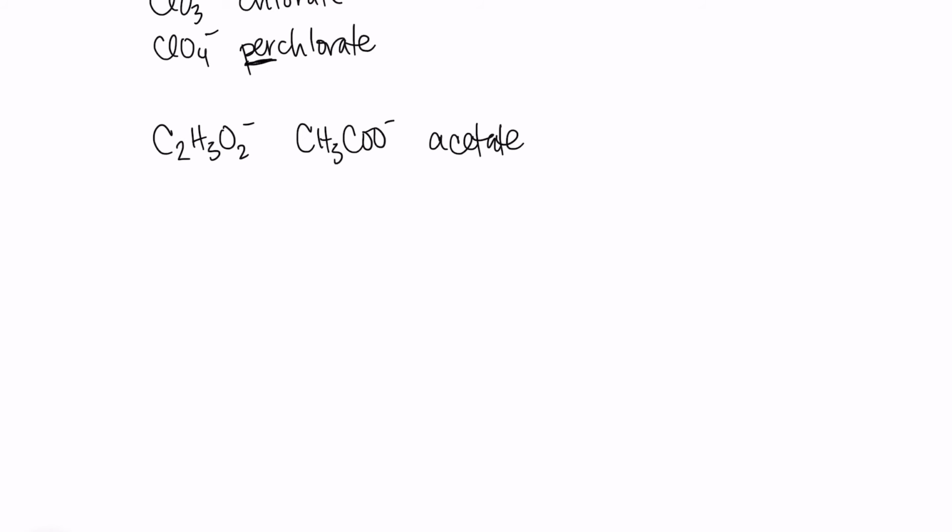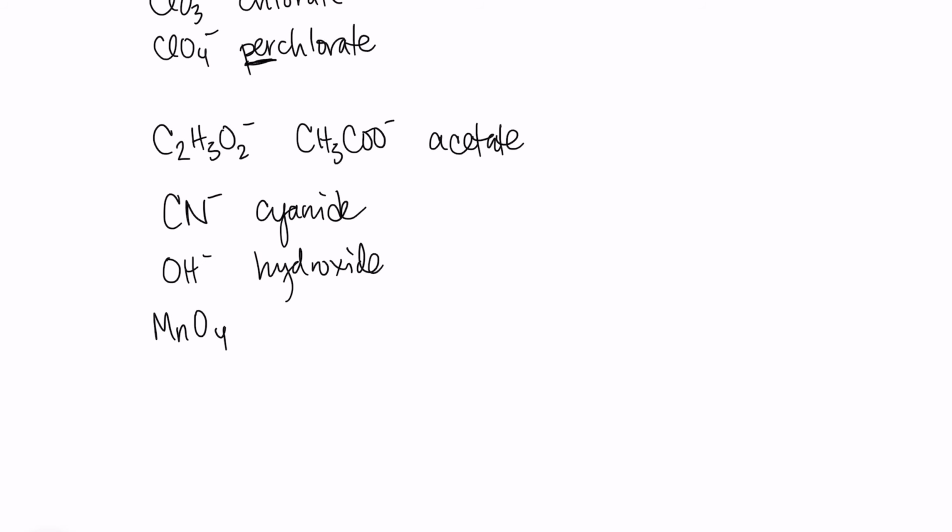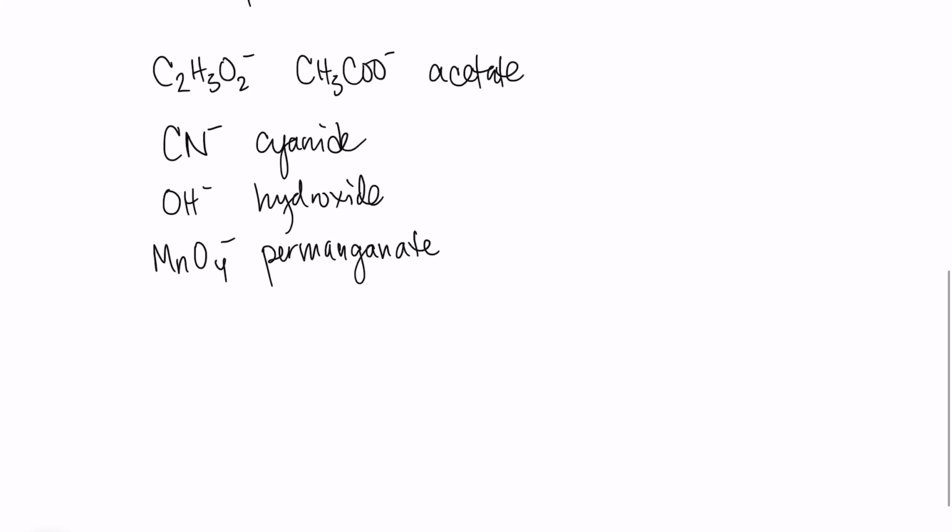Okay, we have cyanide. This is CN-. We have hydroxide, which I already mentioned. We have permanganate, MnO4-. Now, it does have that prefix per, but there aren't any stable polyatomic ions with less oxygen than this one.